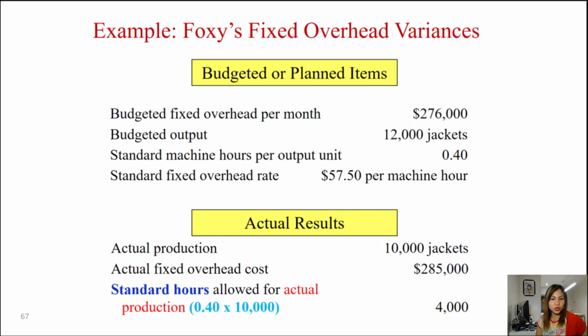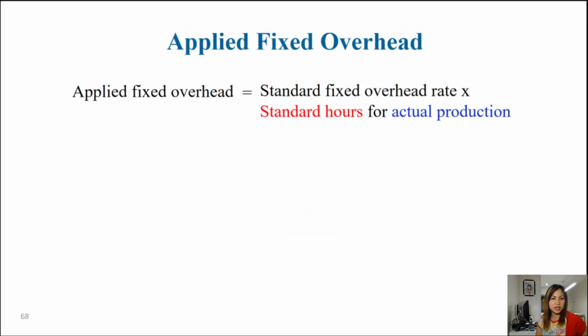So how do you apply overhead cost to 10,000 jackets? You can calculate it from the standard fixed overhead rate times standard hours for actual production. So 57.5, this is the standard fixed overhead rate, times 4,000 standard hours for actual production, equal to 230,000 fixed overhead costs that you applied.